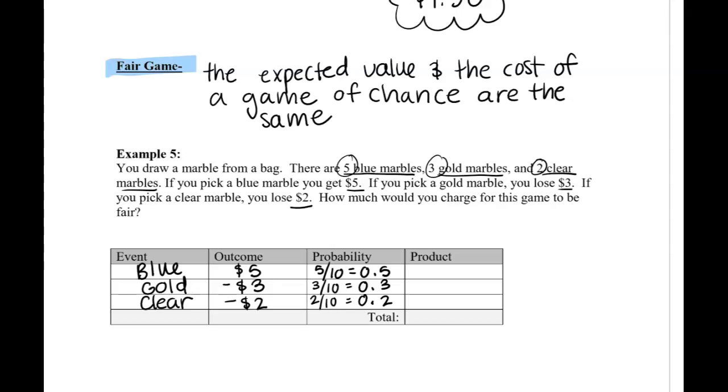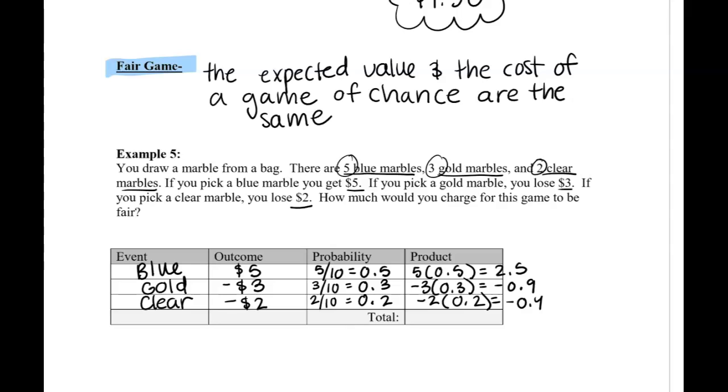And the probabilities should always add up to 1. So it's never bad to check. 0.5 plus 0.3 plus 0.2 does equal 1, so we're good. We multiply across. So 5 times 0.5 is 2.5. Negative 3 times 0.3 is negative 0.9. And negative 2 times 0.2 is negative 0.4.